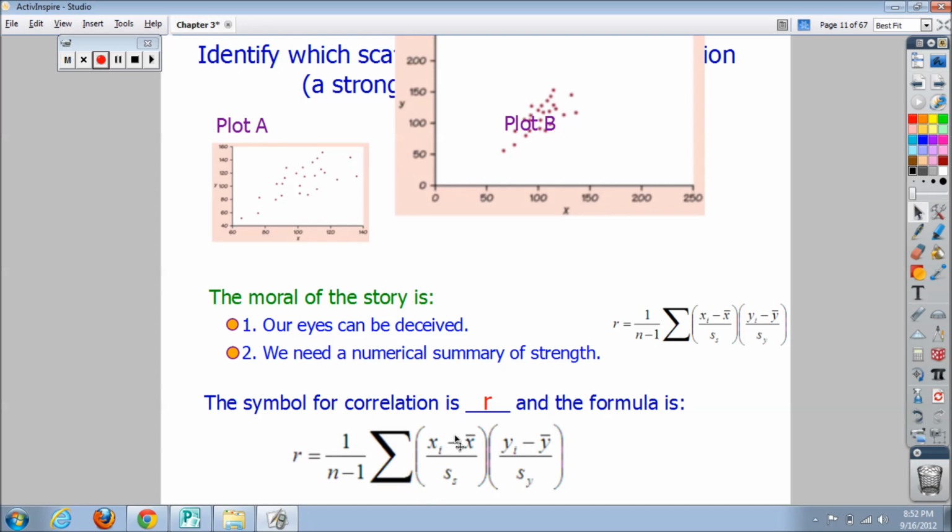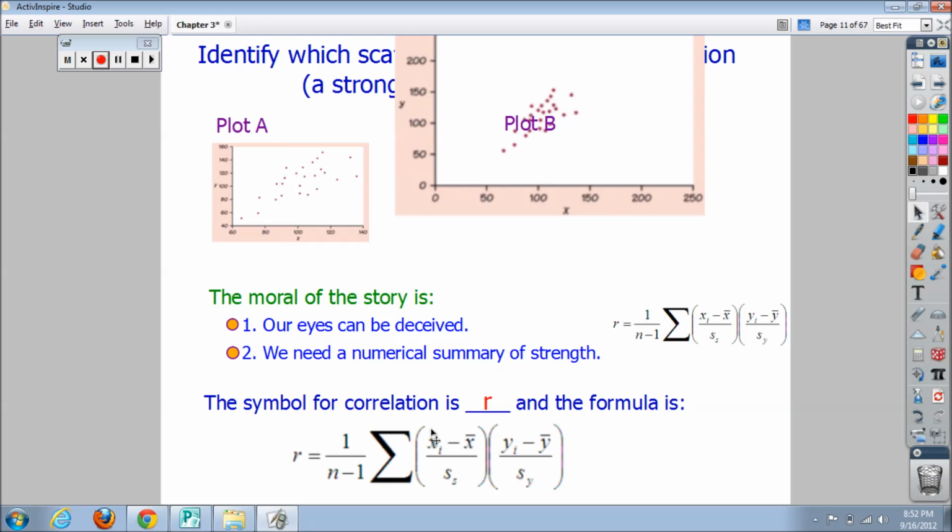But the correlation uses each individual x value and each individual y value. It uses the mean for your x data and the mean for your y data. It uses standard deviation. Really, these are individual z-scores, because here's x minus mu over sigma, or x minus your mean over the standard deviation.